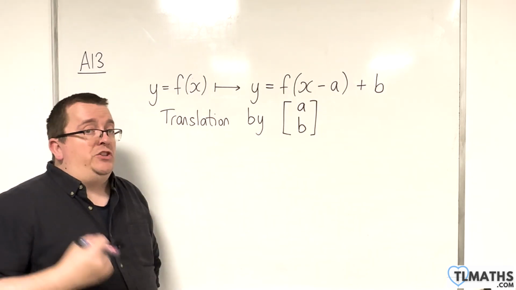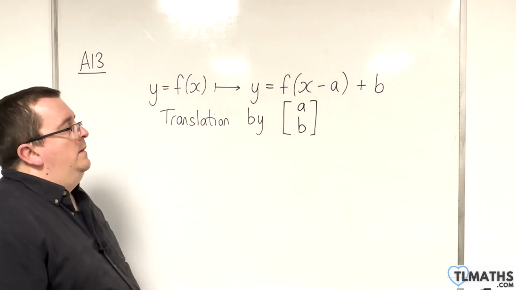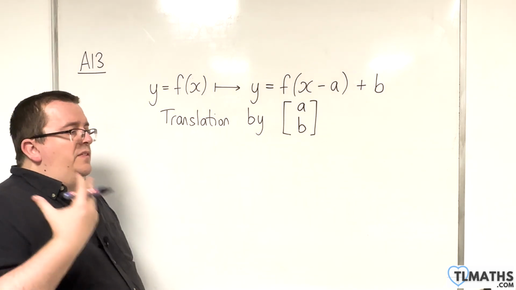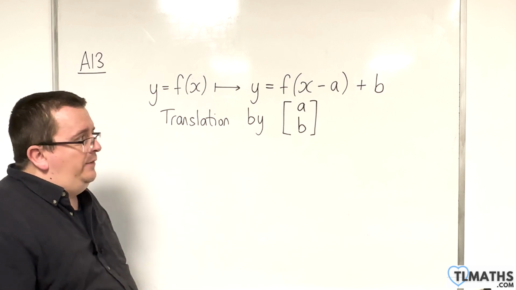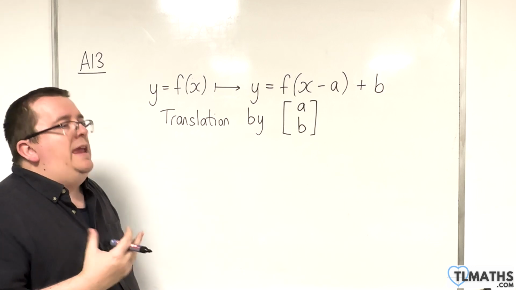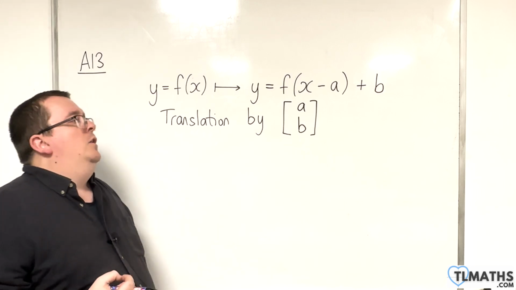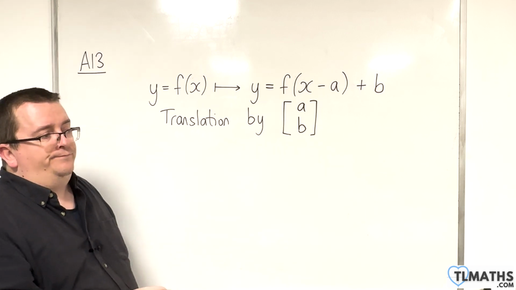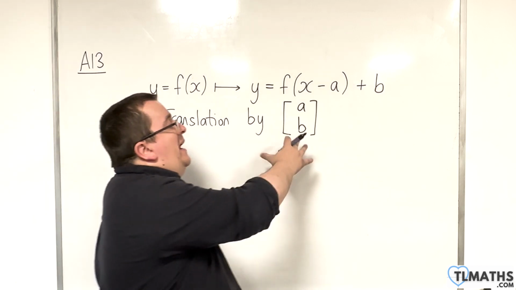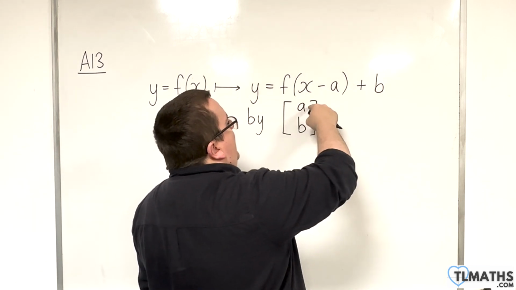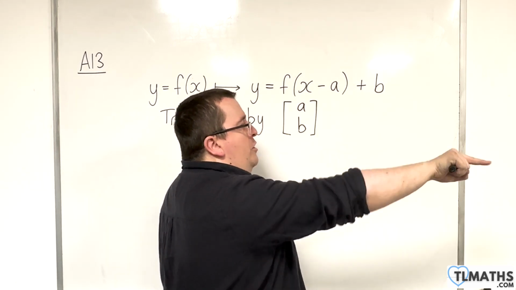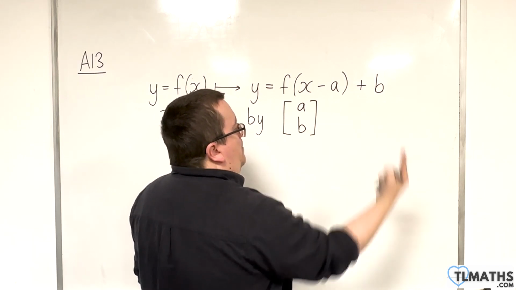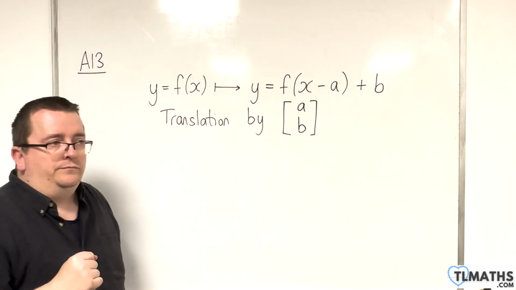Now, there's a couple of things to unpack here, right? If you haven't looked at vectors yet, or you're not quite sure what a vector means, essentially, it is an instruction of how you get from one point to another. So what this is telling you is to go a along the horizontal axis and then b up the vertical axis.